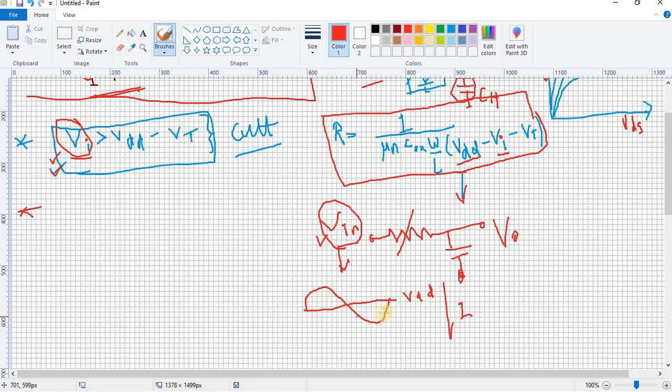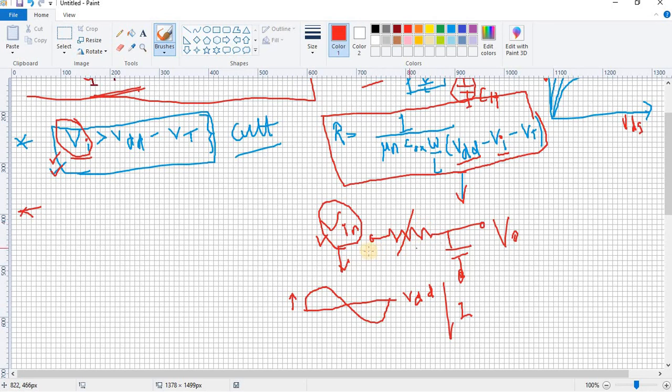So there is an AC value over the DC value of VDD by 2. Under this condition, what will happen? In this circuit, if the value of V in is increasing, the resistance will increase, right?